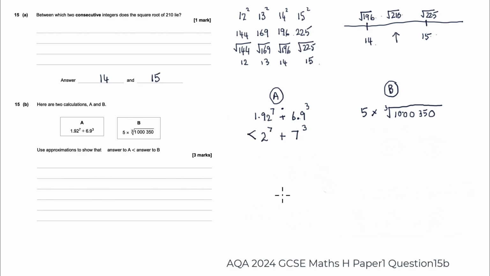Now, let's have a look at 2 to the power 7. That's 7 2s all multiplied together. 2 times 2 is 4, times another 2 is 8, times 2 is 16, times 2 is 32, times 2 is 64, times another 2 is 128. So that comes to 128.